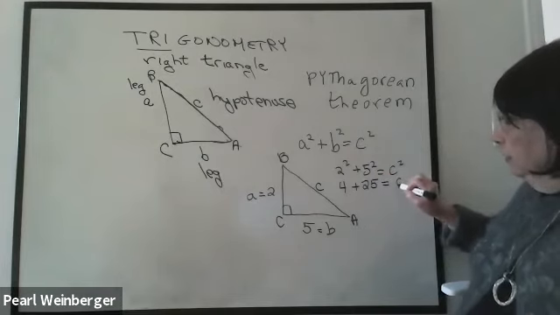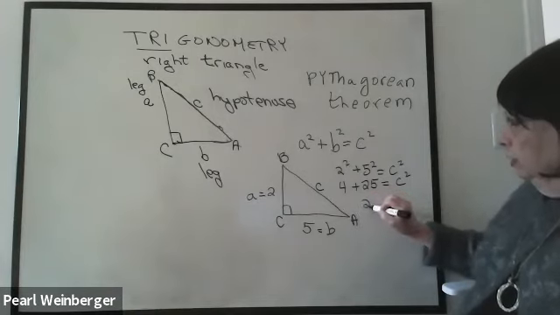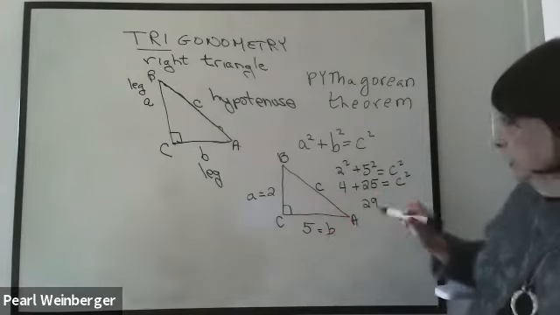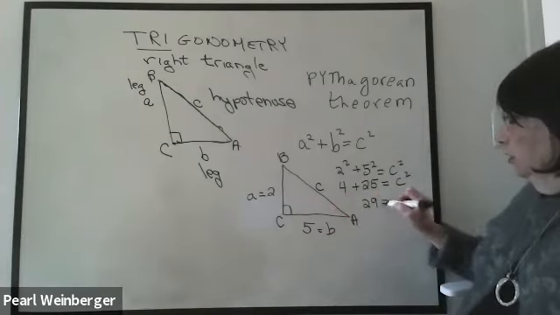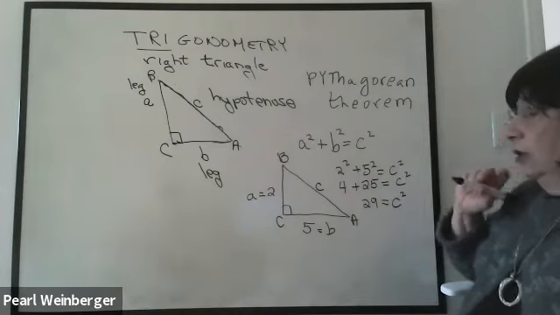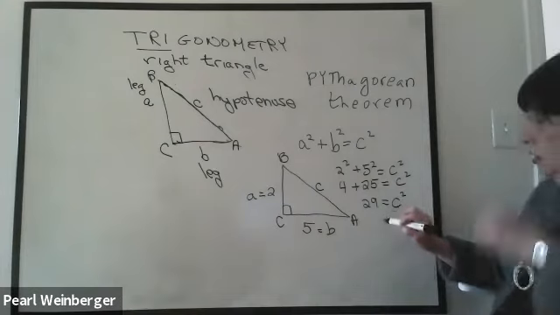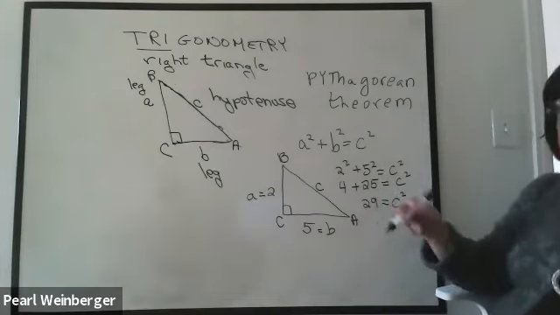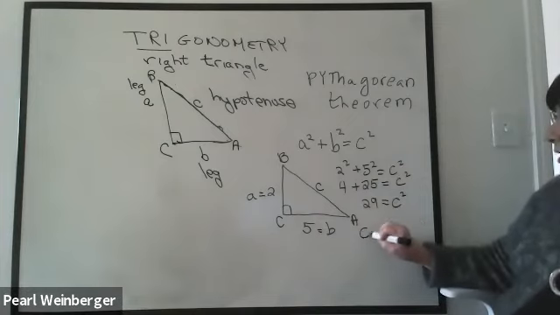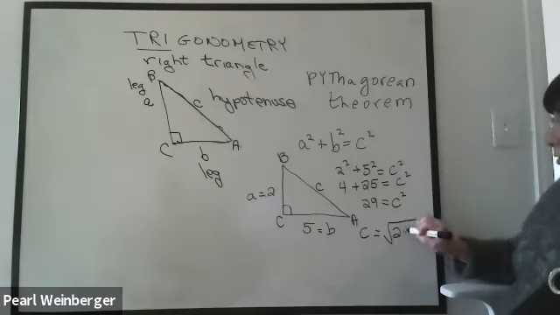So that gives me that C squared is 4 plus 25, which is 29. Don't take the square root until you've added them together. These two add up to 29. That's what your C squared is. So if you want what C is, you have to take the square root. We've done this. If we had x squared equals a number, we found x by taking the square root. So C is going to be the square root of 29.